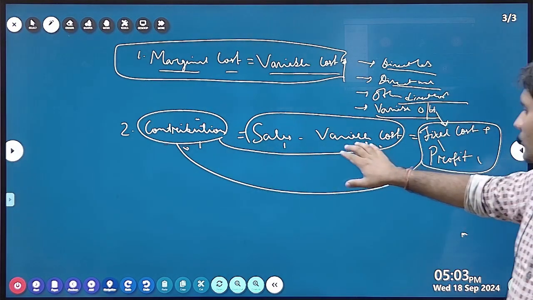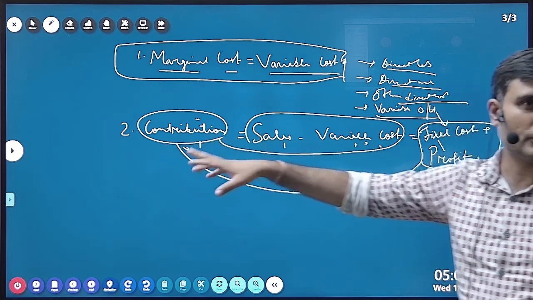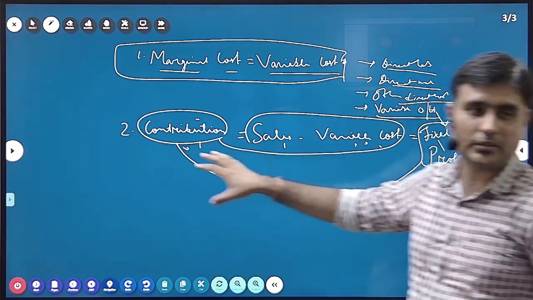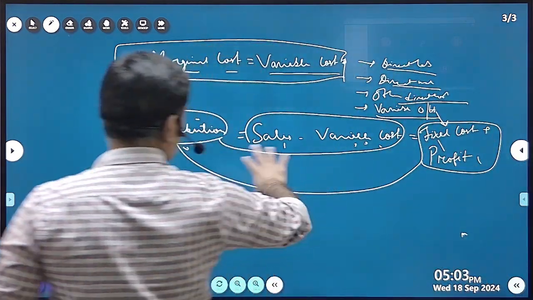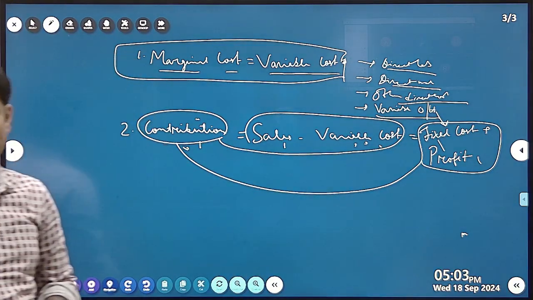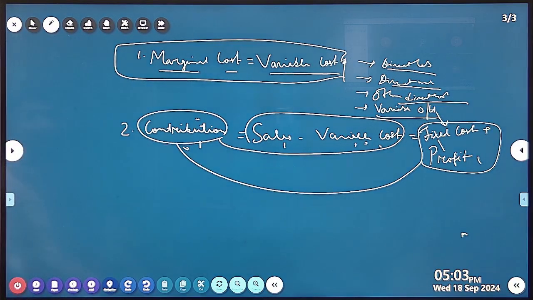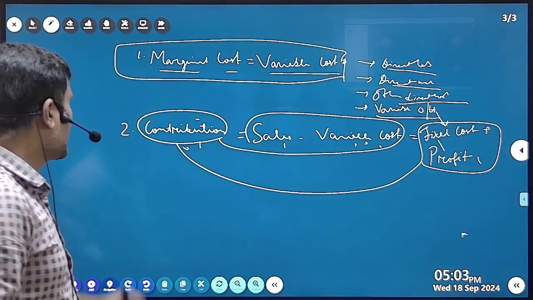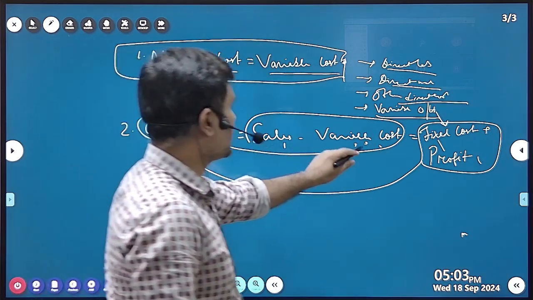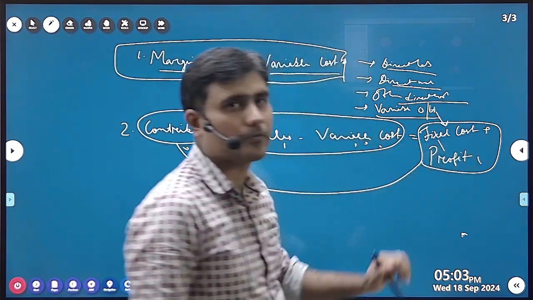The question will give you variable cost and sales, it will require you to find out contribution. So it may be given in different permutations and combinations, but these are the things that will be given to find out your contribution. So these are the 2 points. Contribution equal to sales minus variable cost equal to fixed cost plus profit.